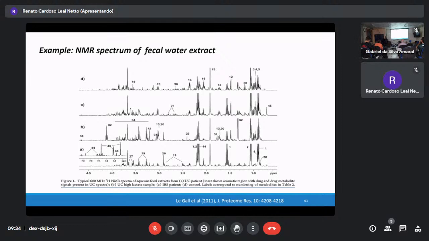gut microbes. So that's why some people, including me, if I want to target this short chain fatty acid after NMR, probably for those samples I can do GC-MS, they can do volatile short chain fatty acid. Instead of GC-MS, maybe you can use a HILIC column, but normally with a C18 column there is not much retention, always in the beginning.